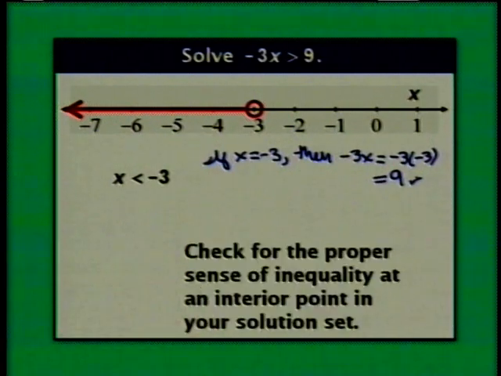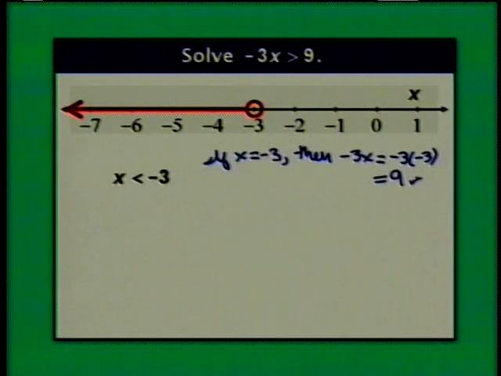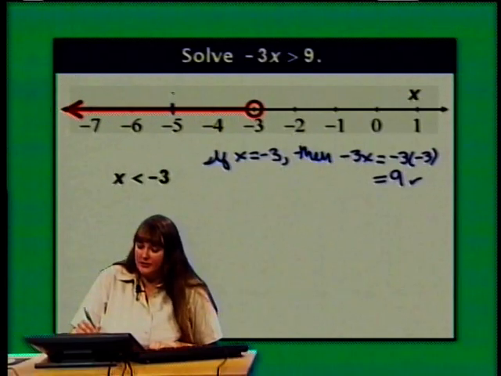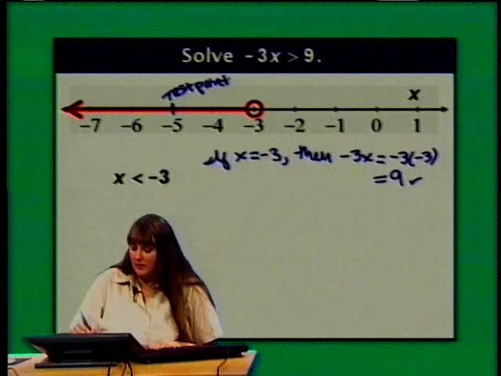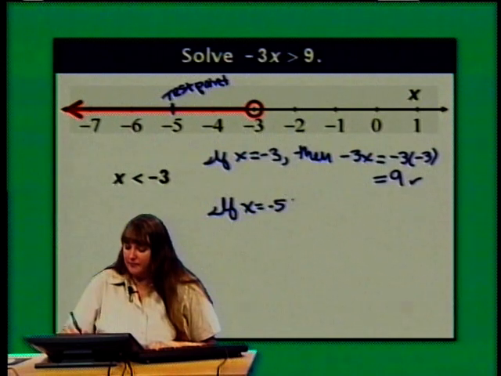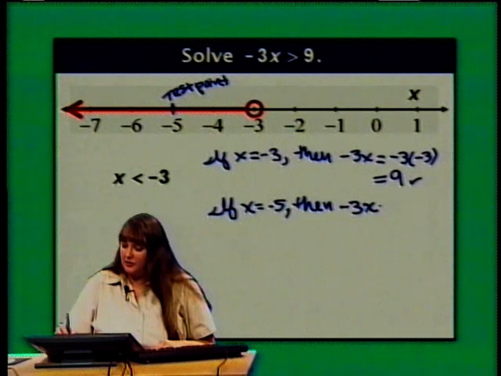Now I need to check for the proper sense of the inequality at an interior point in my solution set. So let's pick an interior point, say negative 5. So if x is negative 5, then negative 3x is going to equal negative 3 times negative 5.